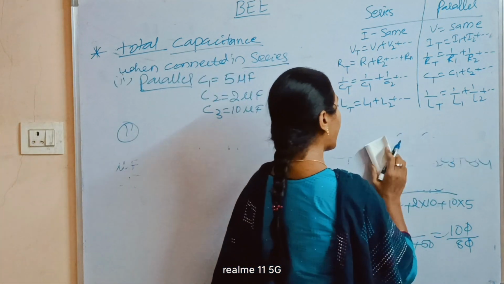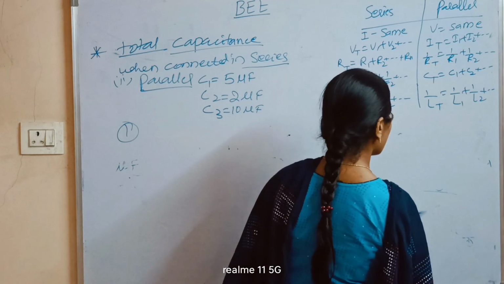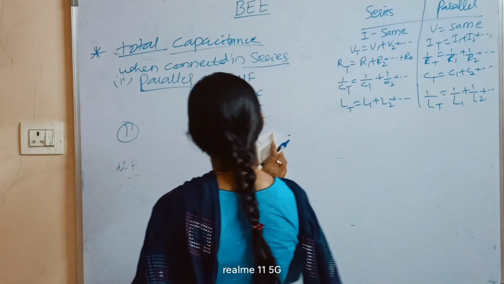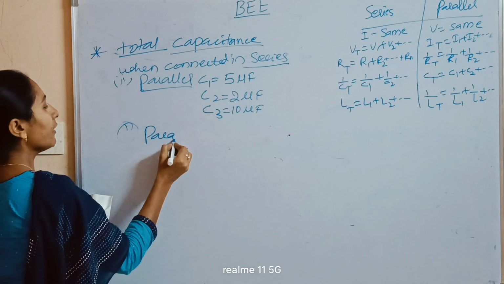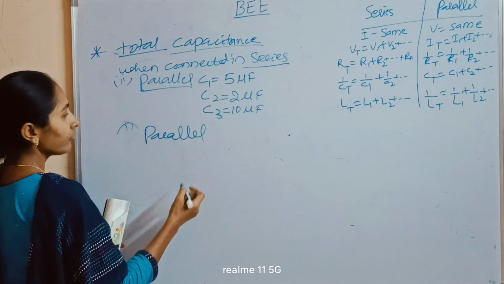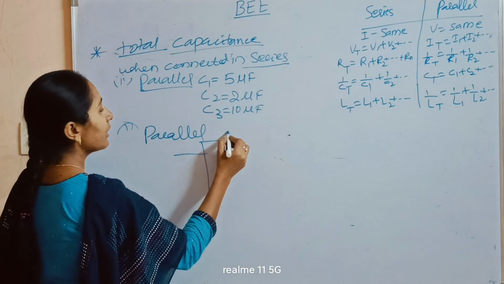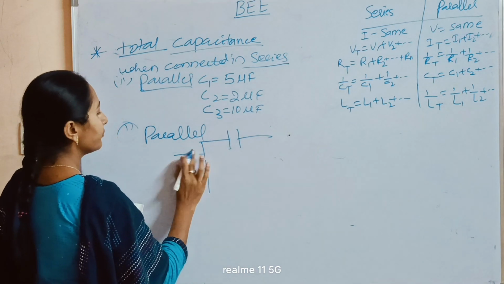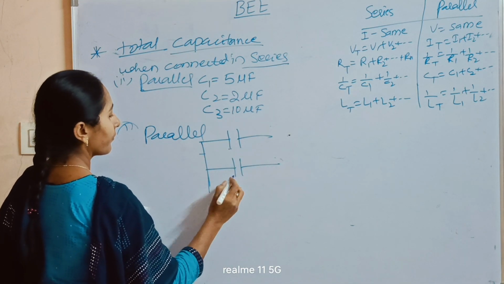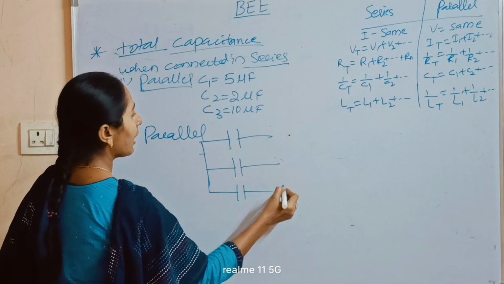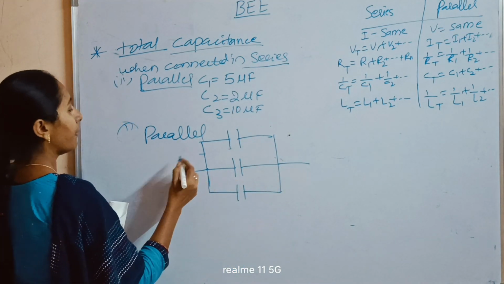Now coming to parallel. For parallel connection, what is the total capacitance? What is the formula for parallel combination? Three capacitors C1, C2 and C3 are connected in parallel.